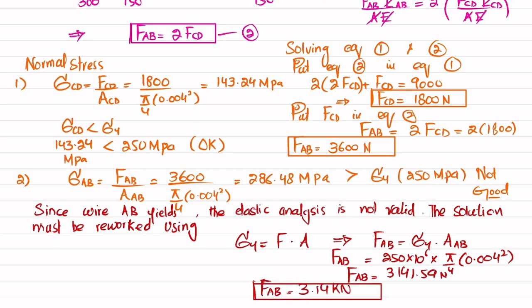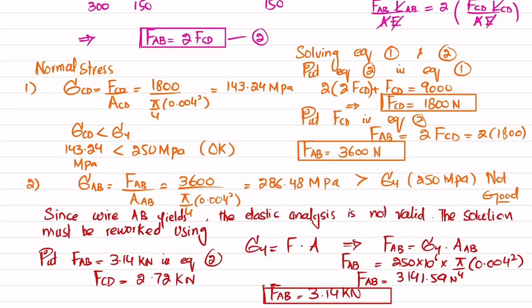Now you have this force clear, and we will put FAB equal to 3.14 kilonewton in equation 1 or 2. If I put it in equation number 2, I will get FCD equal to 2.72 kilonewton. Now again we will check the stresses. The stress in CD is equal to FCD divided by the area of CD.